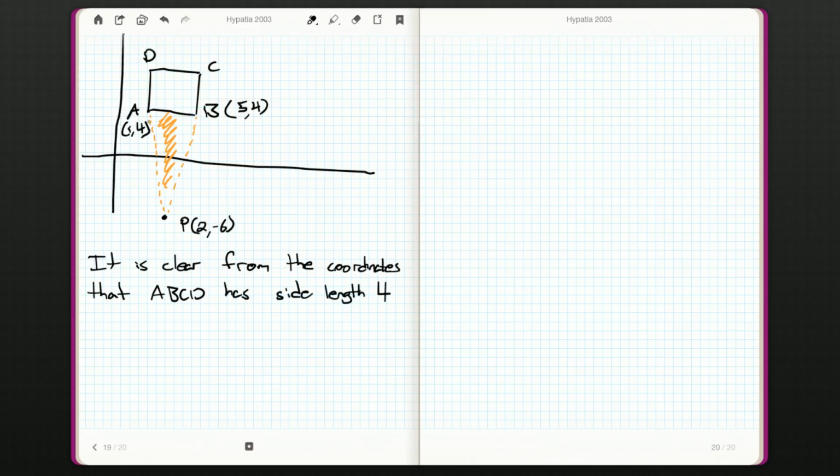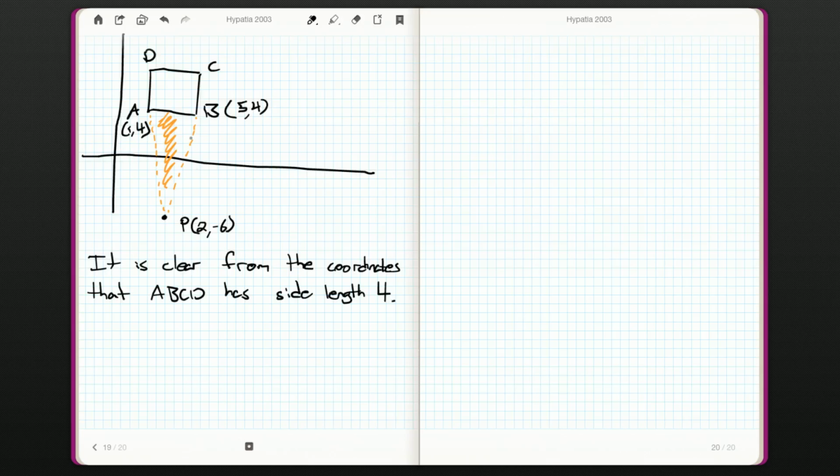You just take the difference in the x coordinates. Noting this is at best a mark, but I don't even think that would be worth a mark. These questions are out of 10, so I have to figure it's probably something like 2, 3, and 5, or 2, 4, and 4, or maybe 3, 3, and 4, something like that. And we have a little more to do than just figure out side length here.